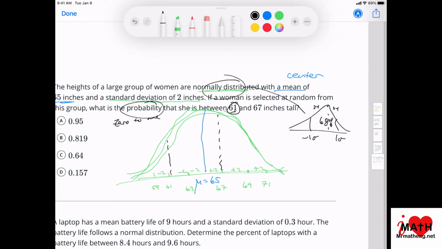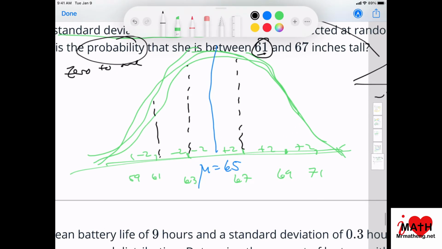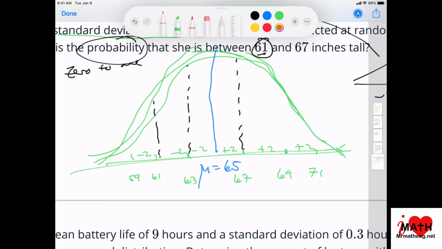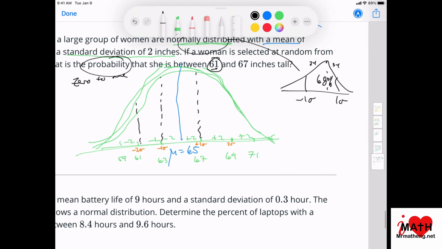Okay, so if I do this right here, let me put that in with orange. This is 1 standard deviation away, and this is 2 standard deviations away, or below, we say. So we just established that 1 standard deviation away is 34% and 34%.